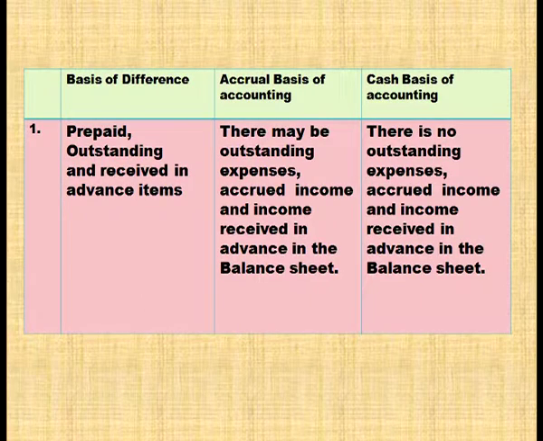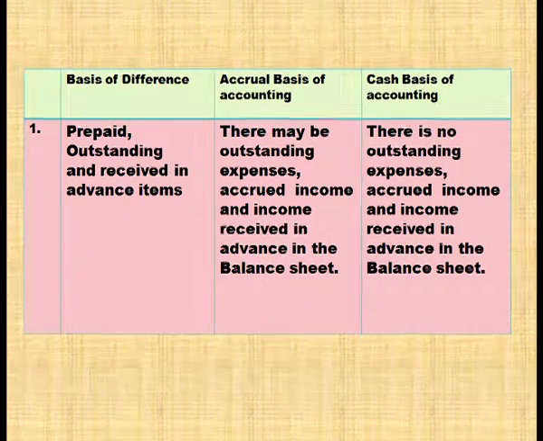When we are considering the prepaid expenses or outstanding items or expense or income received in advance, we should say, in accrual basis of accounting, they are not considering for accounting purpose outstanding expenses, accrued income, income received in advance, etc.